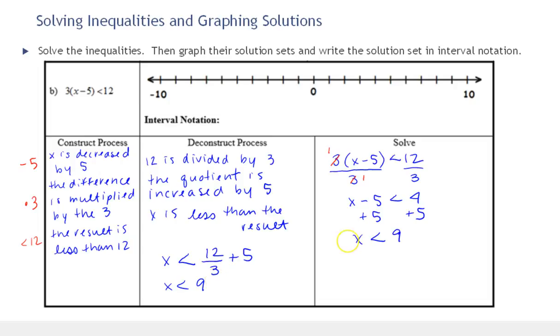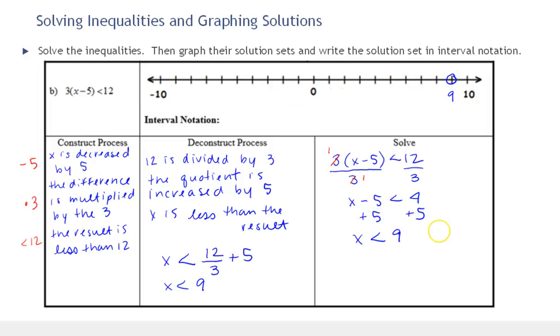Now let's graph this. So first our boundary value is 9. So I know 9 is right here. There's no line underneath, so it's a strict inequality, so I'm going to use an open circle. And again, now I have to decide, is it the numbers to the left or the numbers to the right? Now this says x is less than 9, and these are the numbers less than 9.